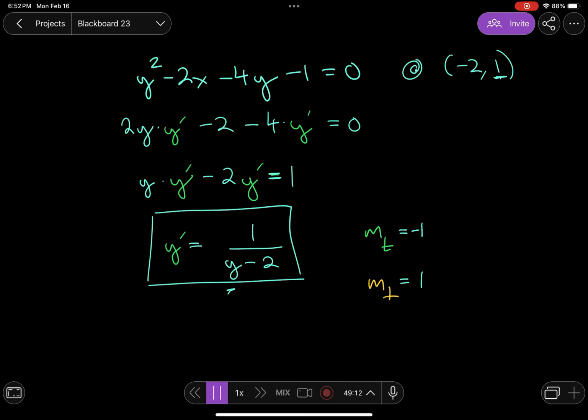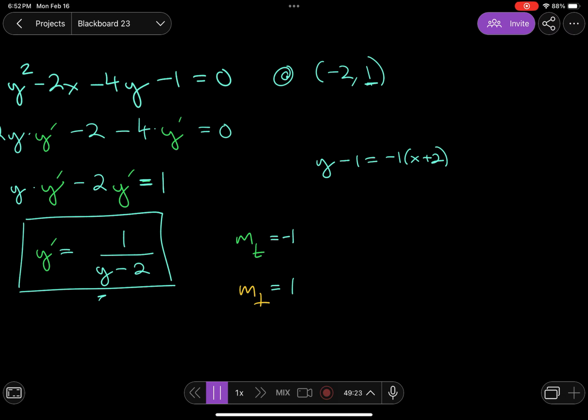So what we got is, for the tan line, y minus 1 is equal to -1 times x plus 2. Y minus 1 is equal to -x minus 2. So x plus y is equal to -1.